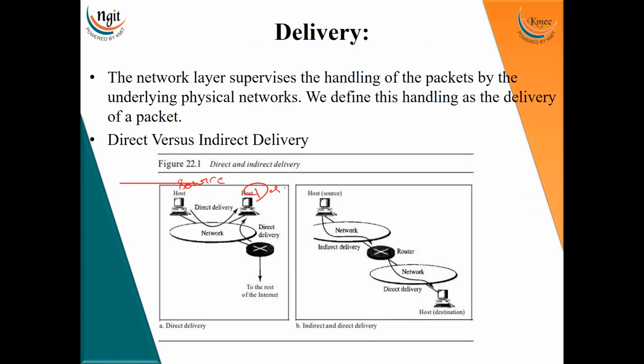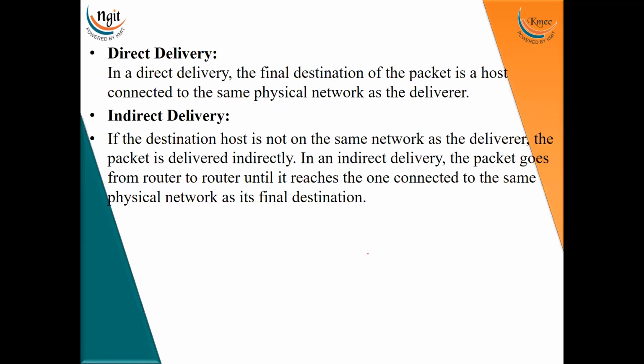In the indirect delivery, the source will be there and the destination, and in the middle we have the routers. In direct delivery, the final destination of the packet is a host connected to the same physical network as the deliverer. If the destination host is not on the same network as the deliverer, the packet is delivered indirectly.